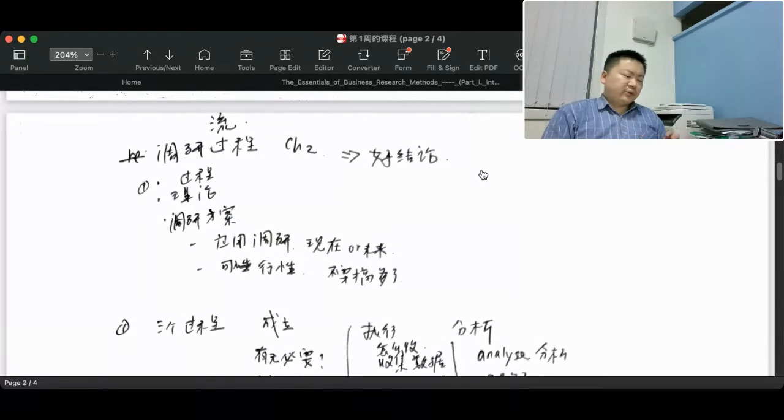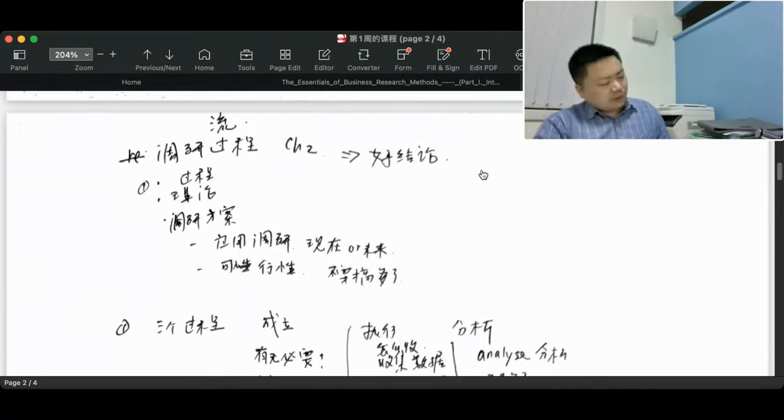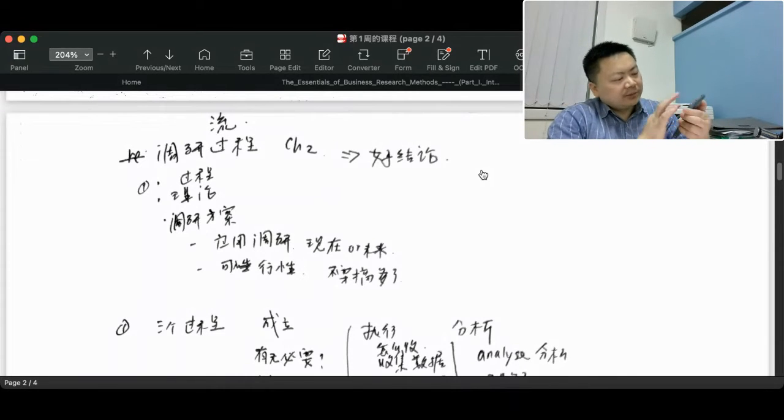One direction is focusing on now. That is what I have just mentioned, my current problem of that product not doing as well as before. Right now, it is declining in New Zealand sales. The other direction of business research is about the future. For example, if I work for the manufacturer of Huawei, they produce phones.